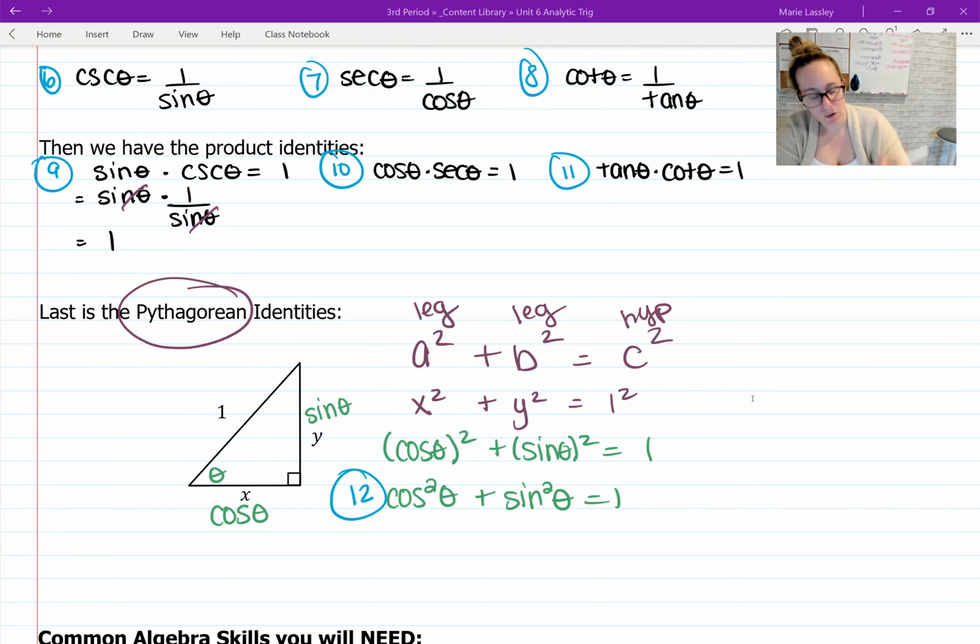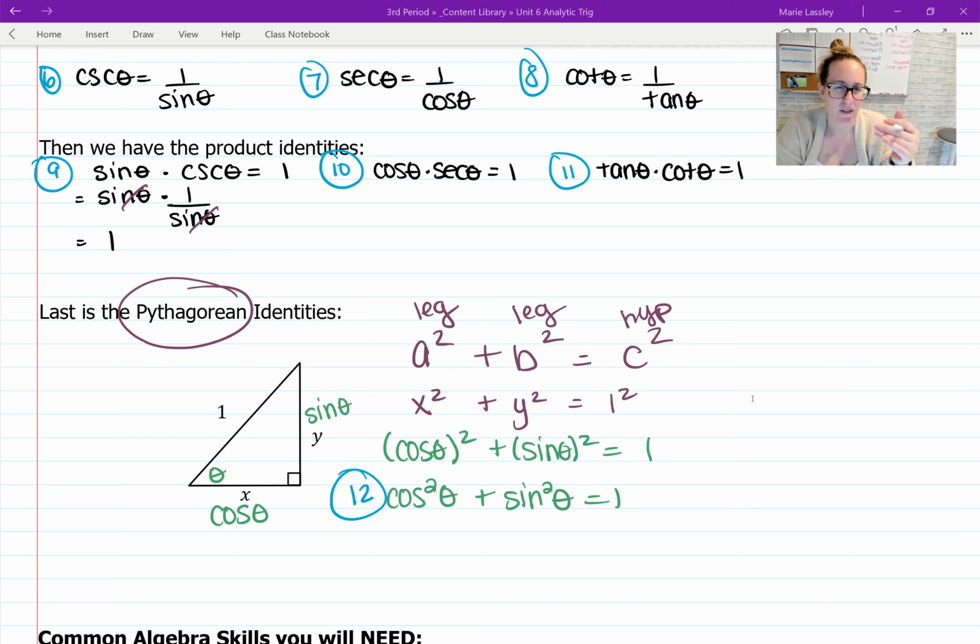In order to change cosine squared theta to be a 1, algebraically, we can't subtract cosine squared because then the cosine just goes to the other side. So we're not subtracting. We have to multiply or divide by something. To get cosine squared theta to turn into a 1, we have to divide it by itself.